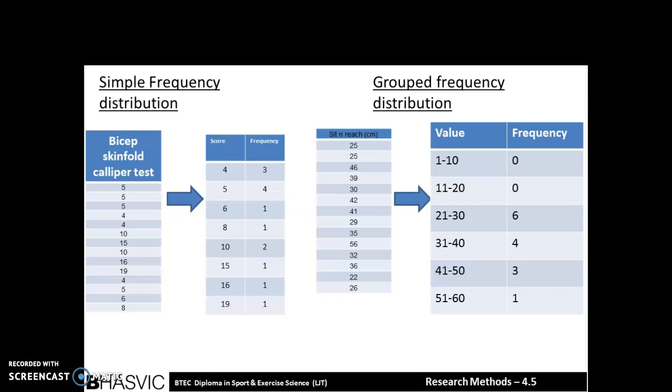Grouped frequency distribution is similar to simple frequency distribution graphs, as they are made up of two columns, and in one column it displays the frequency. However, in the other column it shows grouped values.